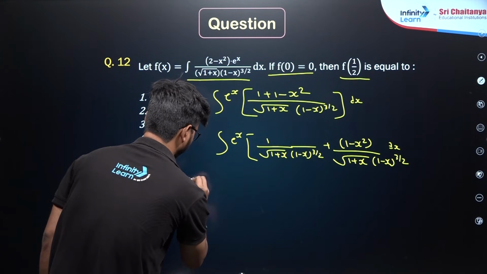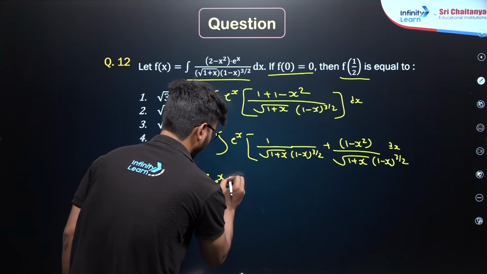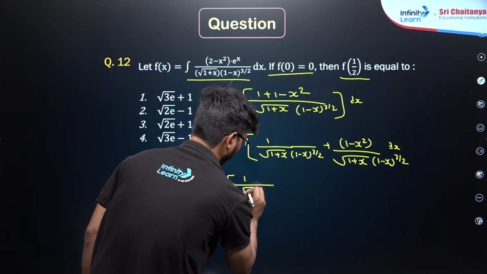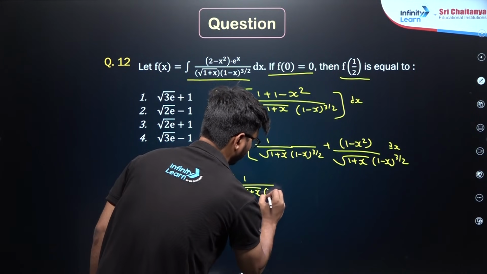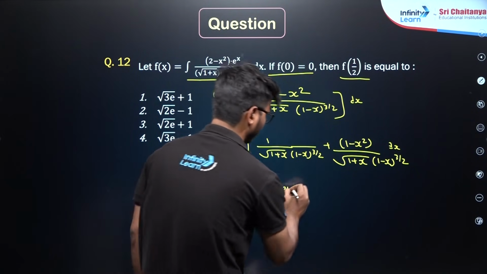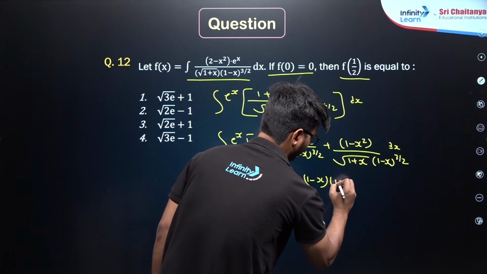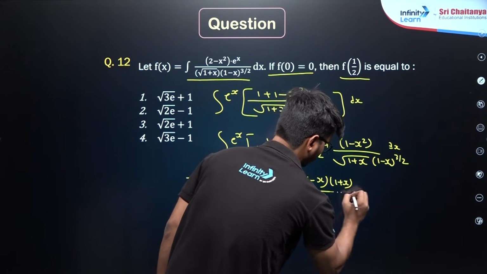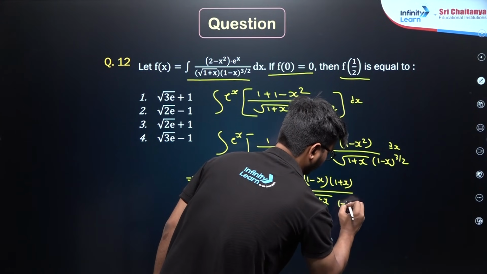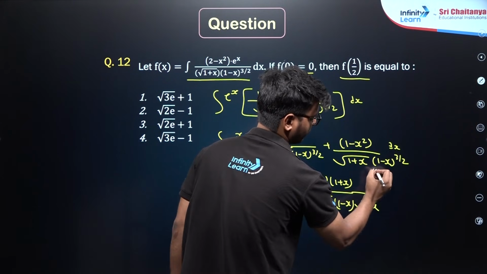Further, I can write this as integration e to the power x. I am keeping the first term as it is, so it will be 1 upon under root of 1 plus x, 1 minus x to the power 3 by 2, plus 1 minus x, 1 plus x upon under root of 1 plus x. I can write this as 1 minus x into under root of 1 minus x, correct, this term.